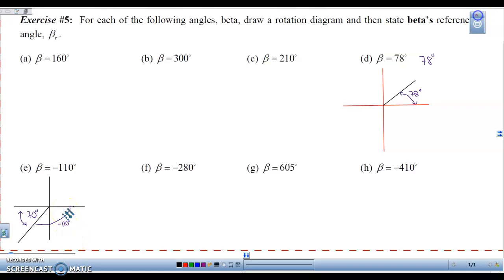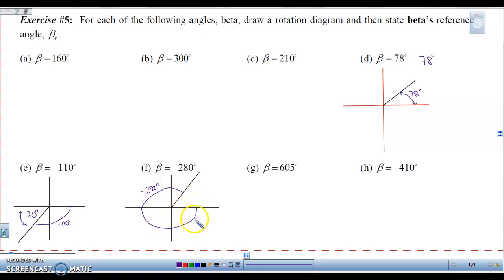All right. Beta is negative 280. Here's my axis. Again, because it's negative, instead of going counterclockwise, I want to go clockwise around. So this would be 90, 180, 270, and then 280 would be over here in the first quadrant, like so. If this is negative 280 going around this way, how many degrees would there be between here and here?